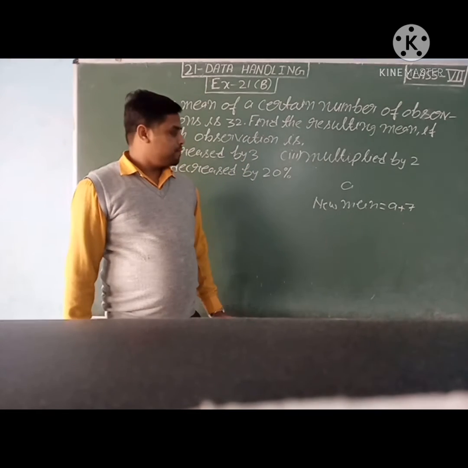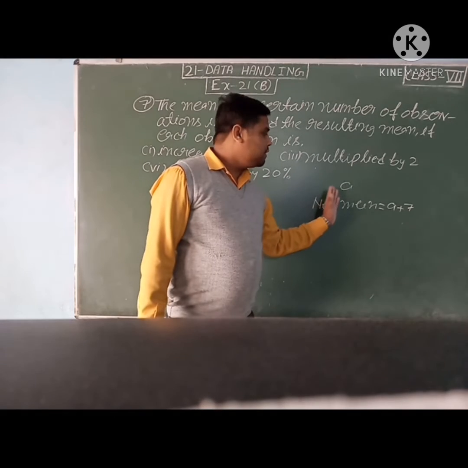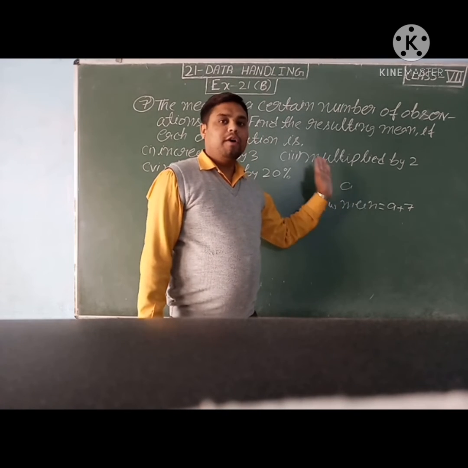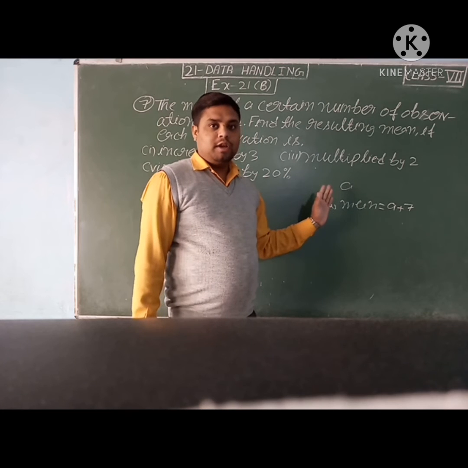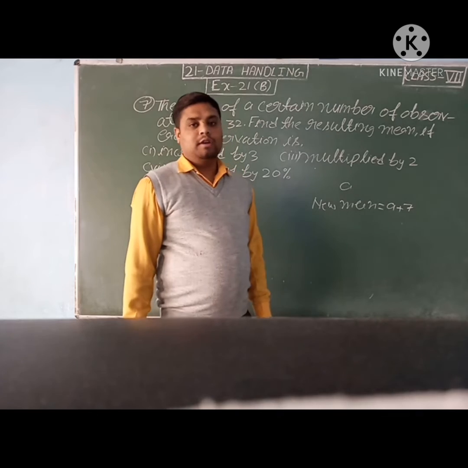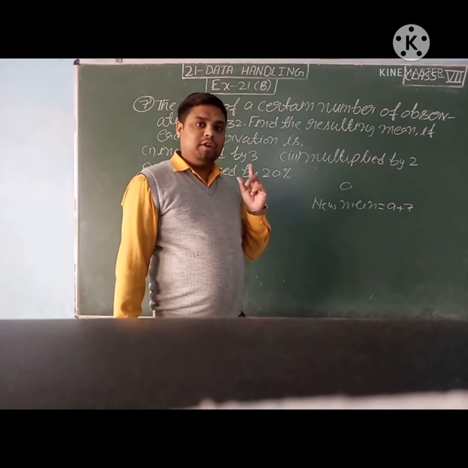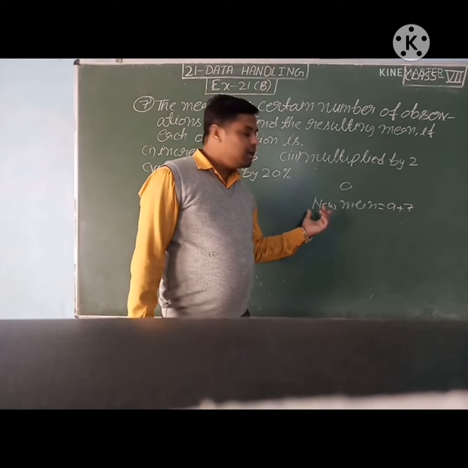Listen again. For a certain number of observations, the mean is A. If every observation is increased by 7, then the new mean will be A plus 7. In the same way, if every observation is decreased by 7, then the new mean will be A minus 7.